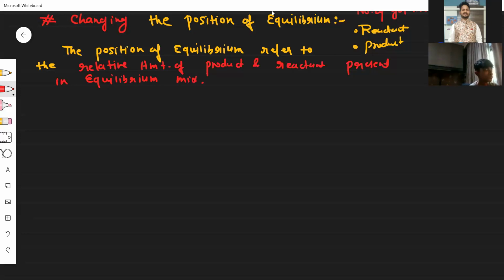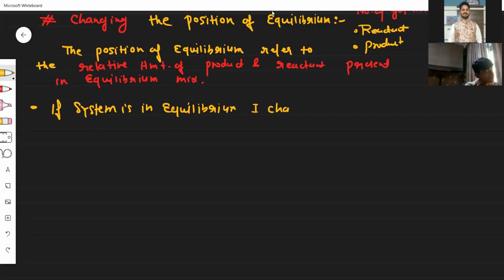Now if the system is in equilibrium and we have a disturbance in the temperature, so what is going to happen? If the system is in equilibrium and I change its parameter, like its temperature, or I can change its concentration, or I can change its pressure.